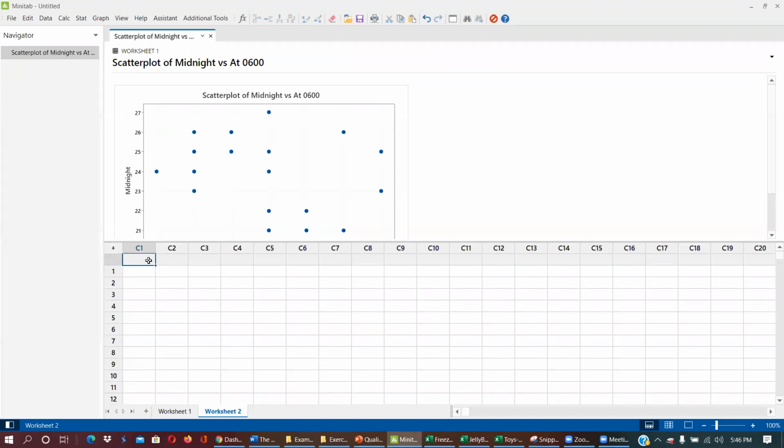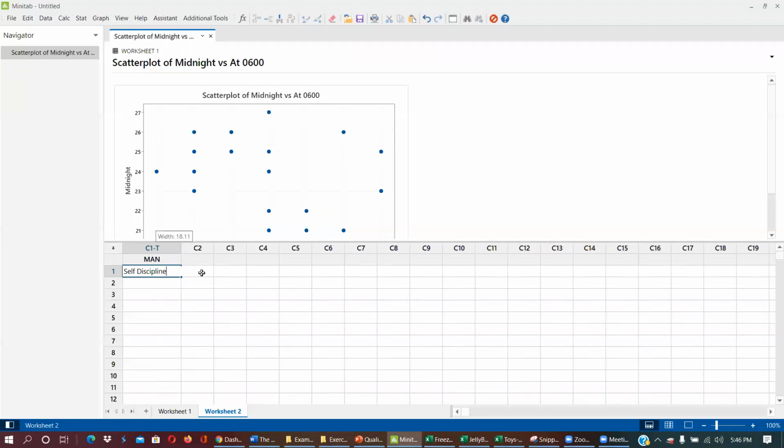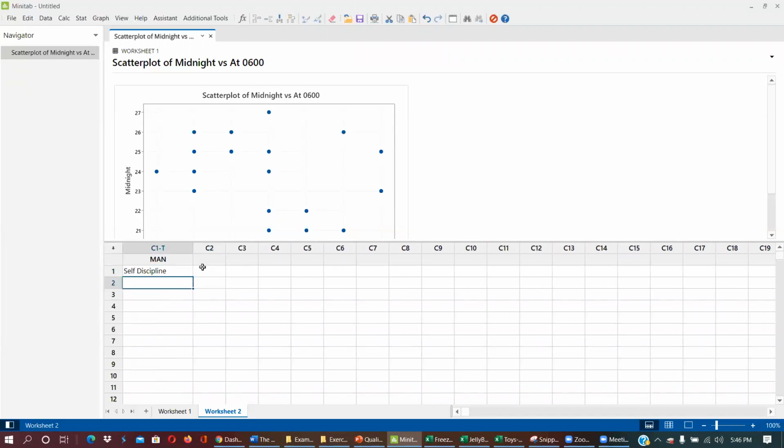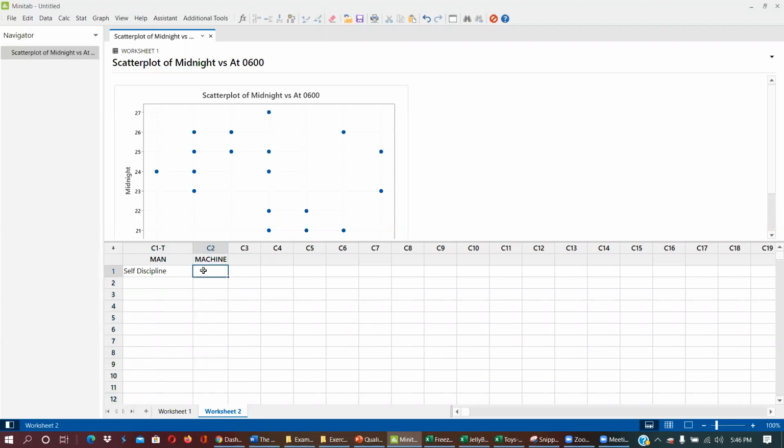Number one, I would say man: no distance, no self control, I would say self discipline. Then machine. What is the reason? How much time it takes to get the test results, they are late, or we don't have the machine for quick results.